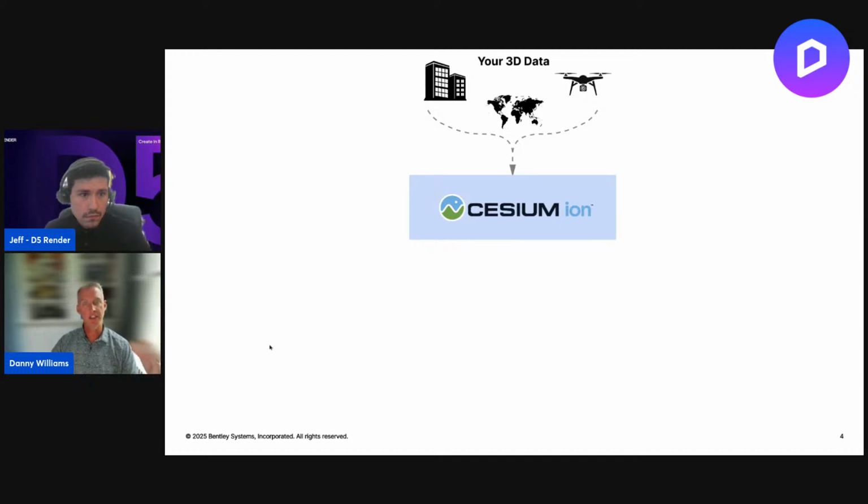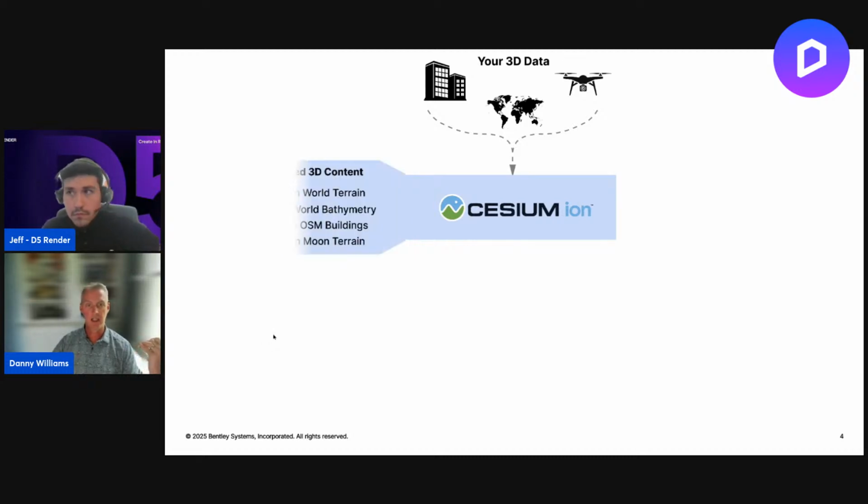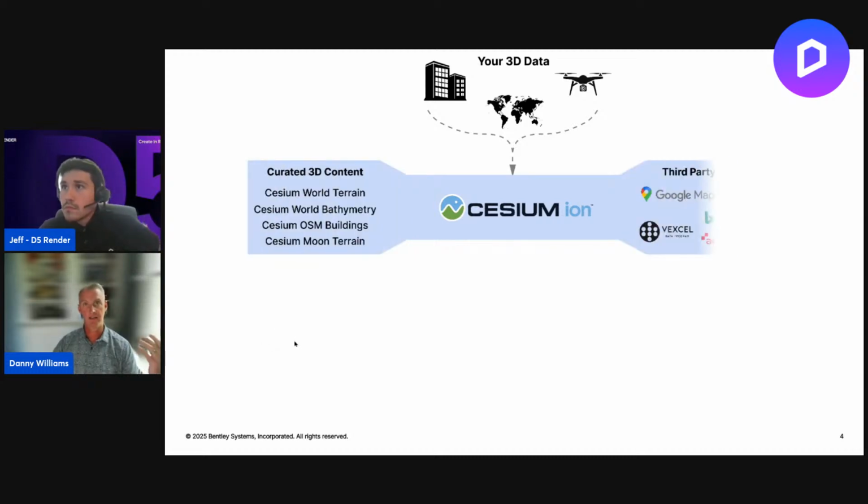And then as part of the Cesium ion platform, we have a library of curated 3D content, some of which we've created ourselves at Cesium, and others that we have partnerships with third-party data providers like Google, like Bing, and so on. And so what this allows you to do is to bring your own data into the platform, combine it with worldwide data coverage, again, either from data we've curated or from our third-party partners.